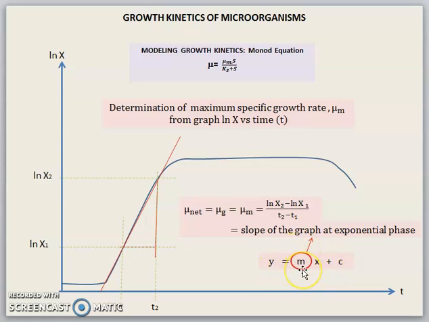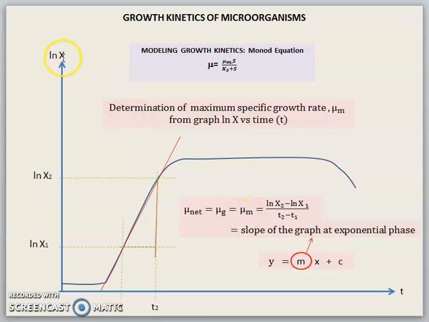The m value represents the value of mu max. However, you need to learn the x value first, plot the graph of ln x versus t, then this slope value will represent the mu max.